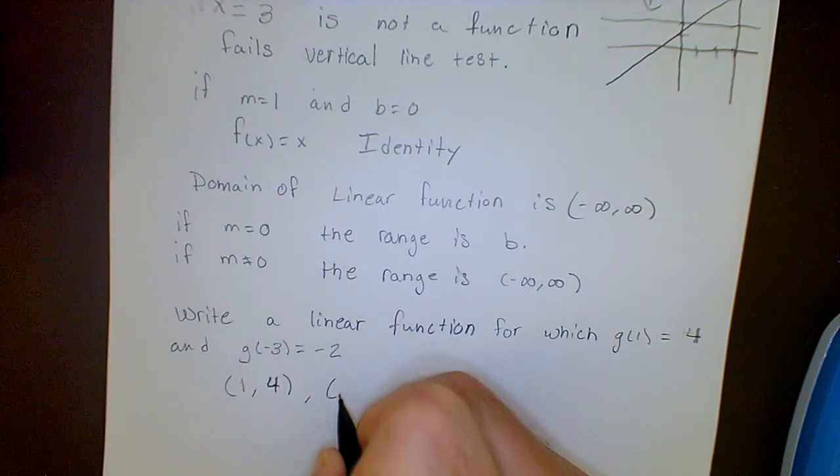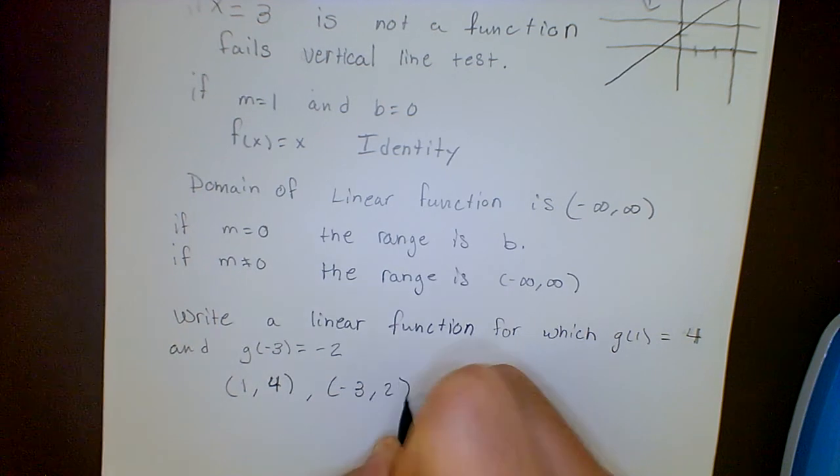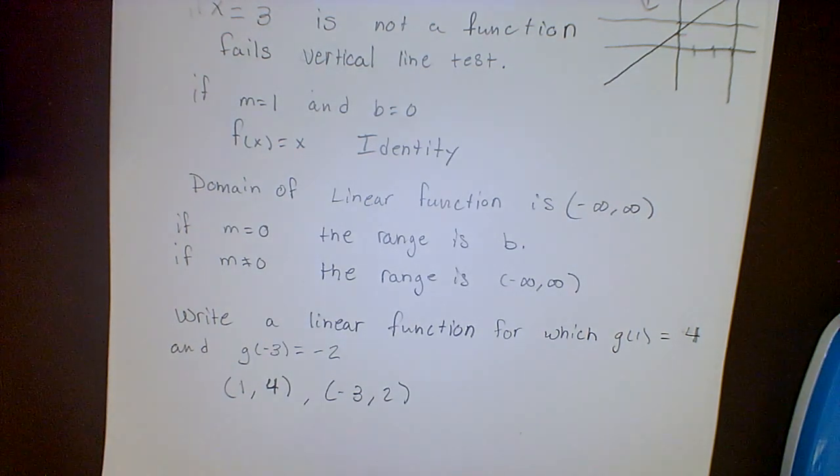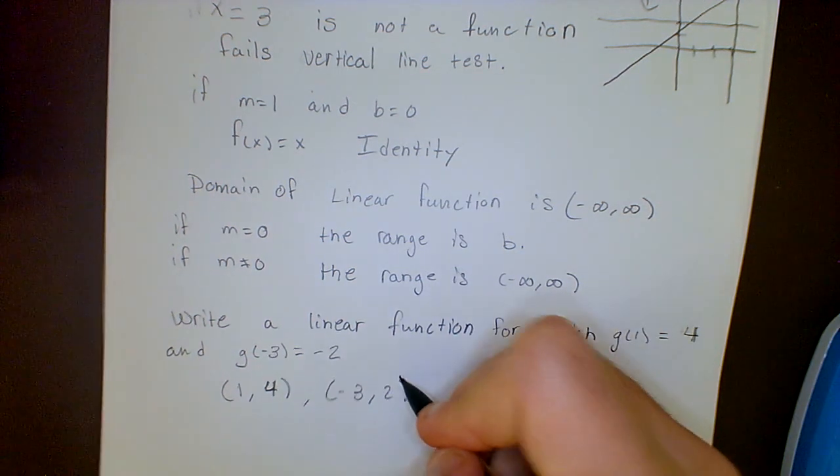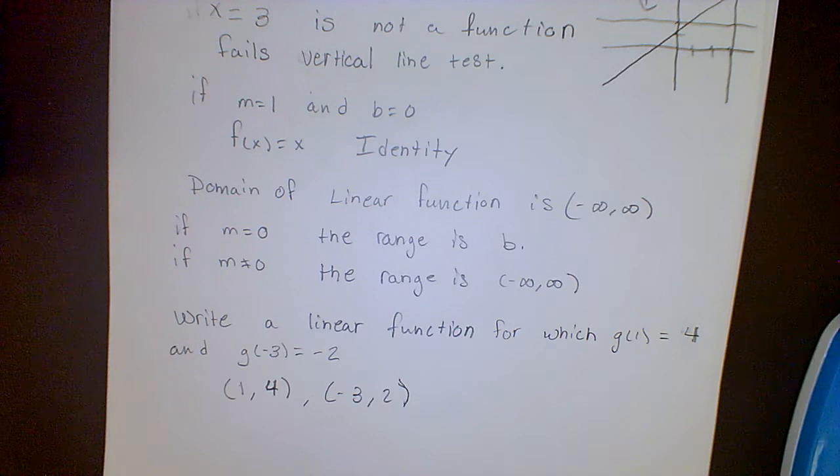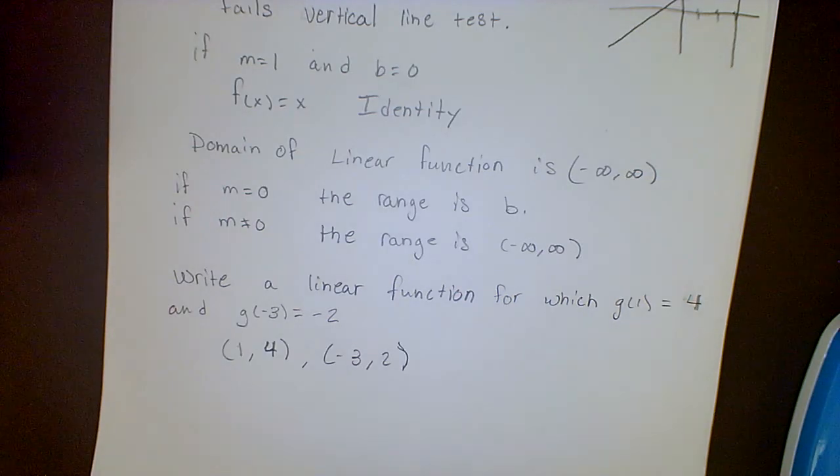The second is negative 3 comma negative 2. Now it's just like all the examples we've done, where you find the slope and then express it as a line.